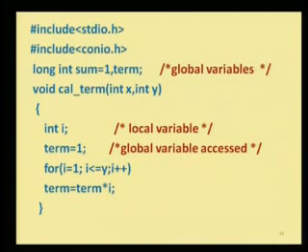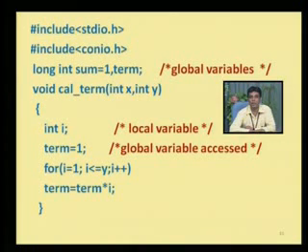We have defined long int sum equals 1 and term. These are the global variables, the long integers sum equals 1 and term, because they are defined before the main program and can be accessed anywhere in the program. Then we have defined void call_term with int x and int y.